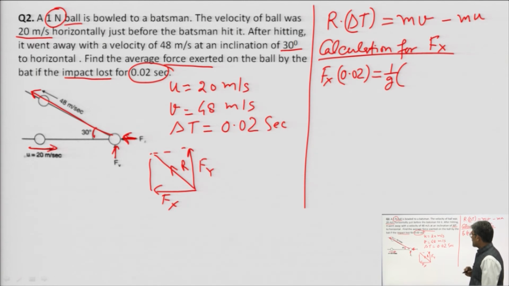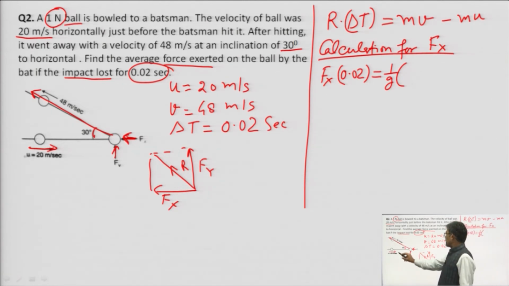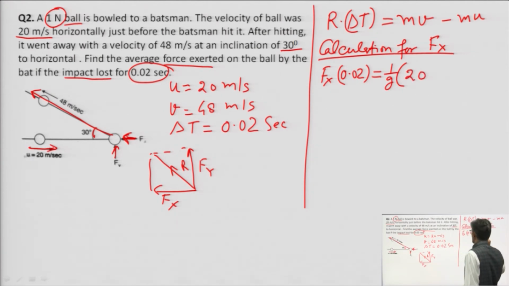The horizontal component for this initial velocity is 20 meters per second.